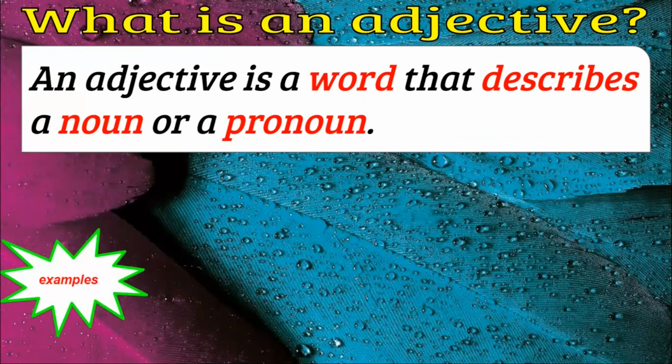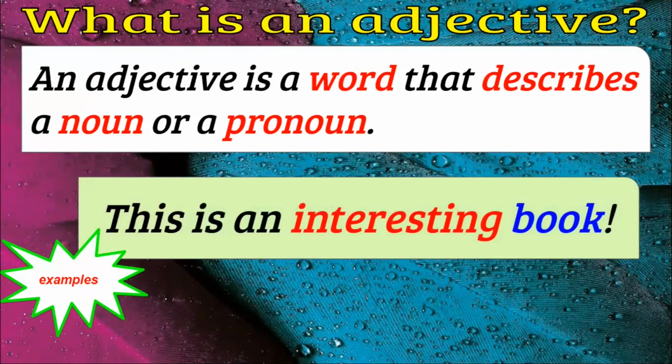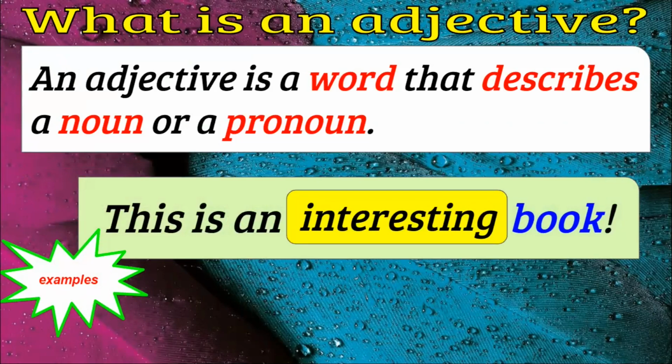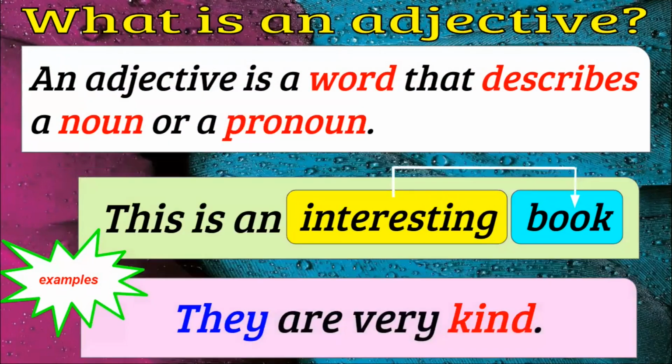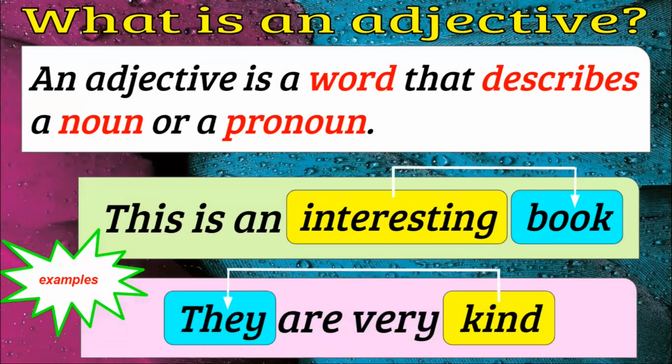For example, this is an interesting book. The adjective is interesting. It describes the noun book. They are very kind. The adjective is kind. It describes the pronoun they.